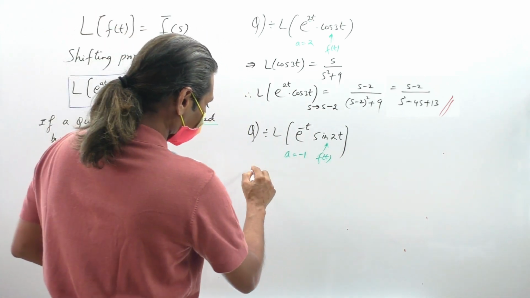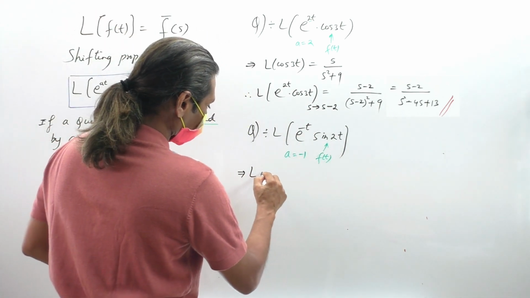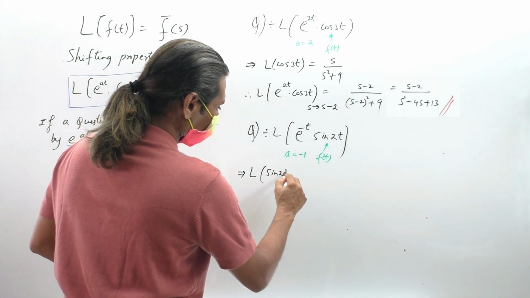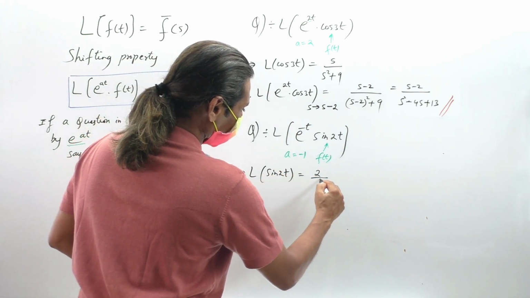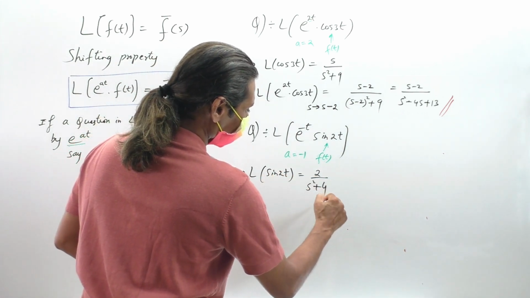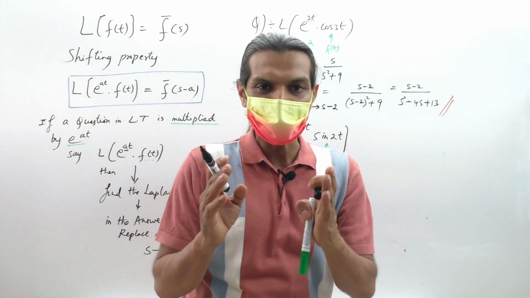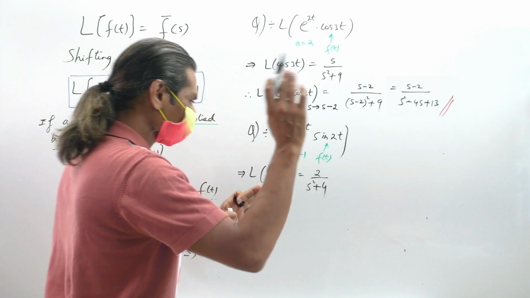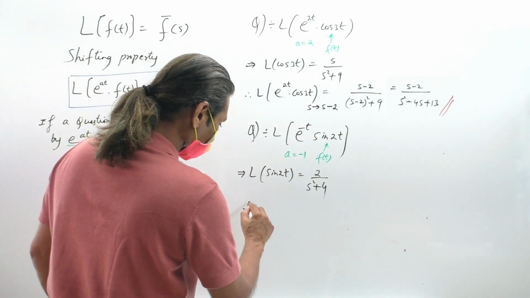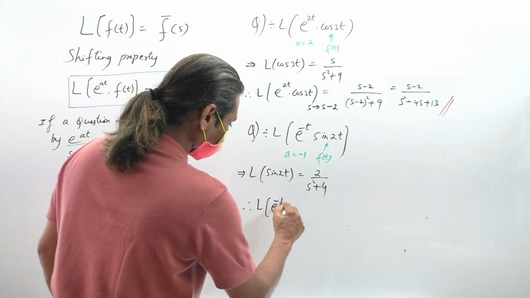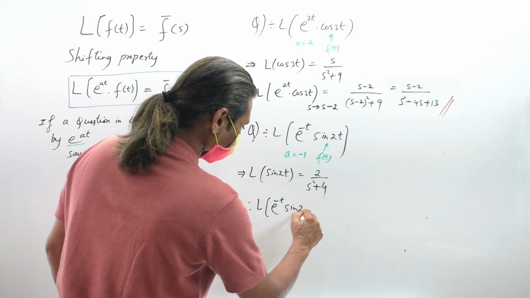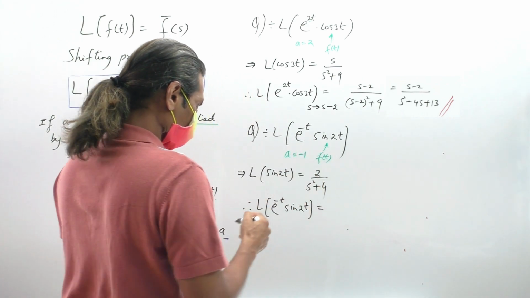That implies Laplace of sin 2t is 2 by s square plus 4. Why? Because Laplace of sin at is a by s square plus a square. Listen carefully. Therefore, Laplace of e raised to minus t into sin 2t will be what?